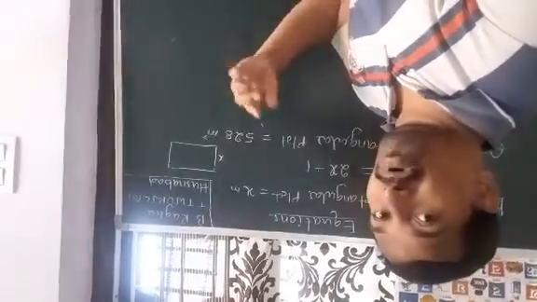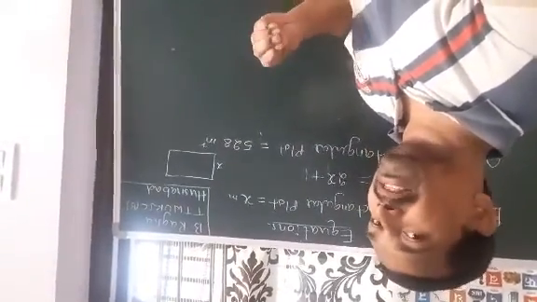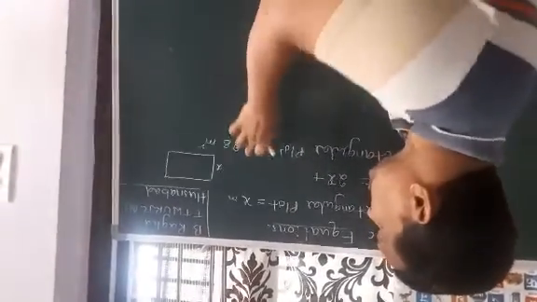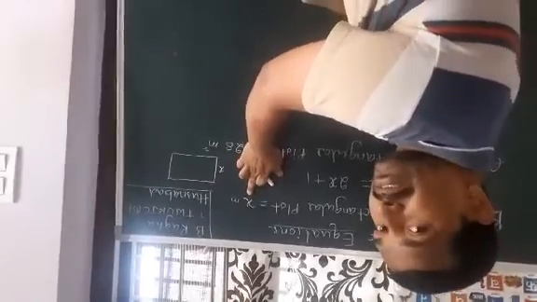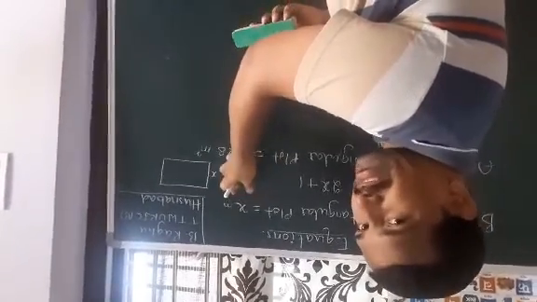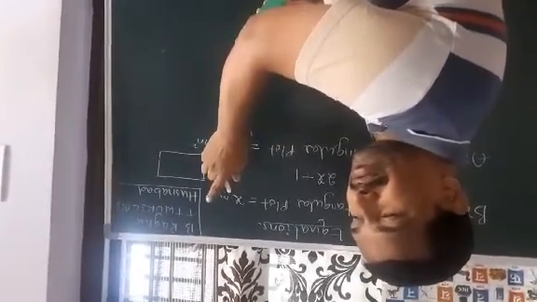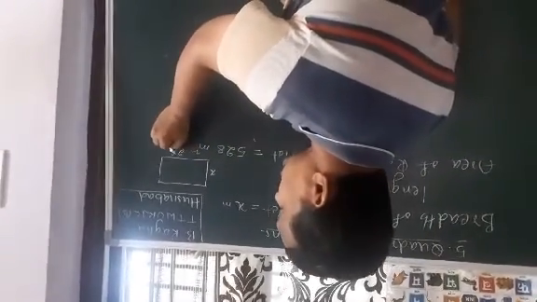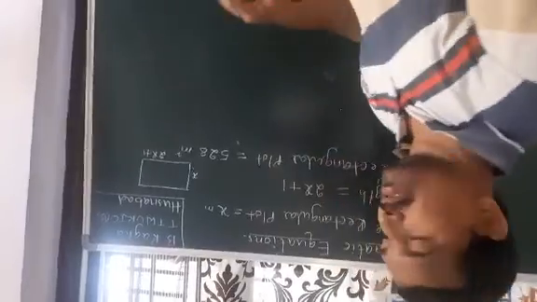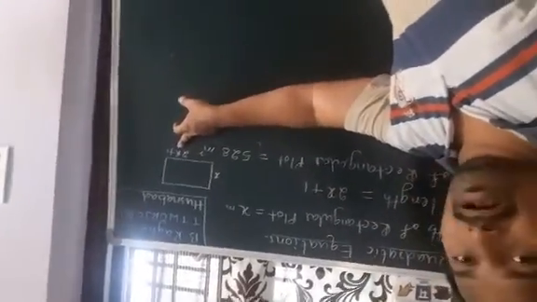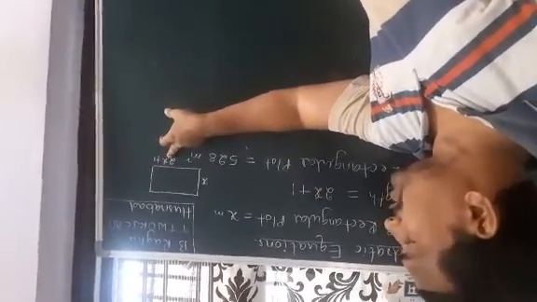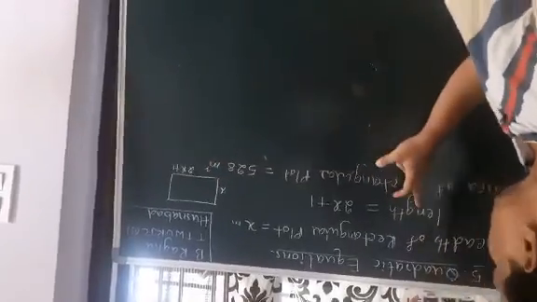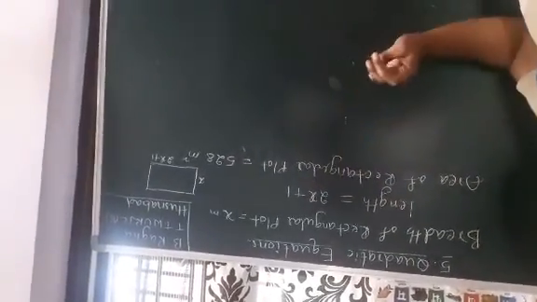Length is 1 meter more than twice the breadth. Twice the breadth means breadth is x, twice is 2x. We'll add 1, 2x plus 1. So length is 2x plus 1.